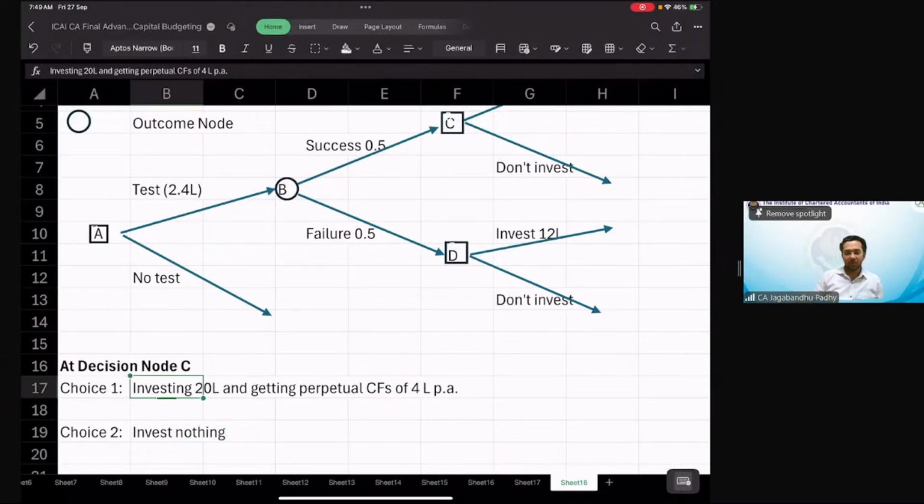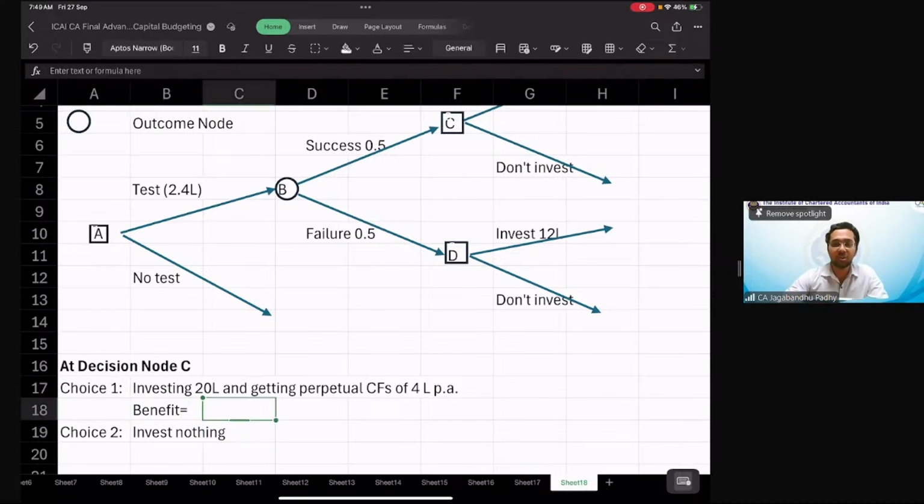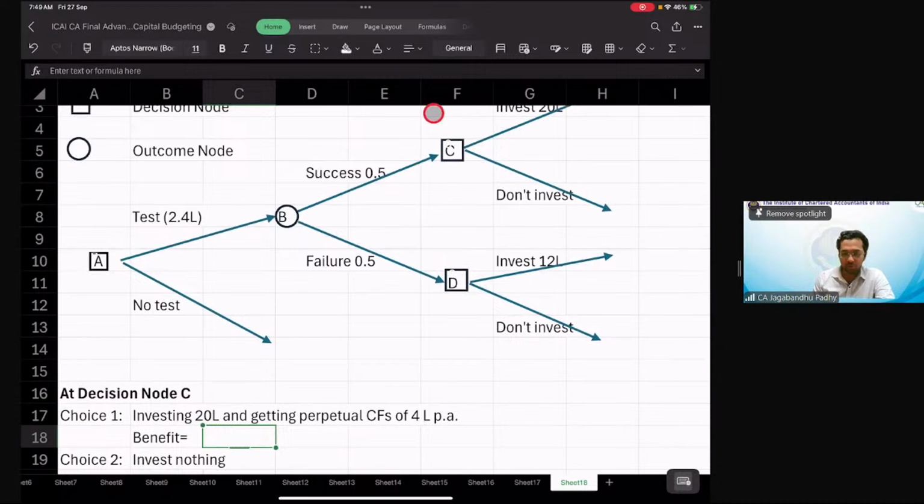Yeah. If you're looking at choice 1, what is the benefit that is expected? Choice 1, if you're going to invest 20 lakh at node C, and that's going to give me a perpetual cash flow of 4 lakh, right? So what's the net benefit that you're going to get?